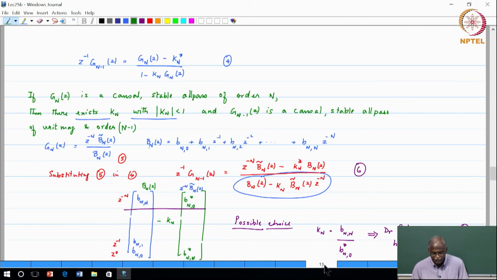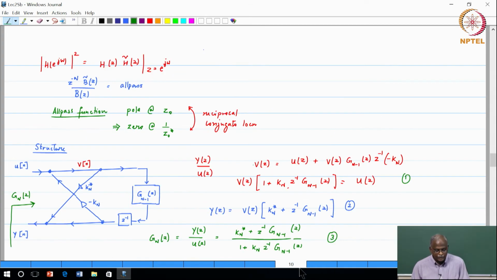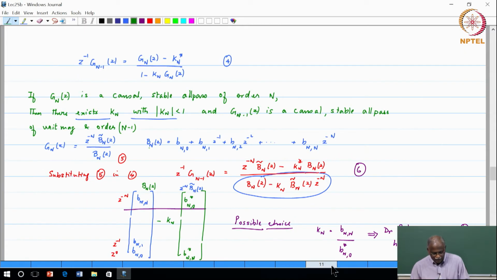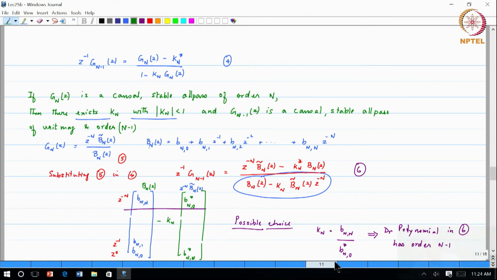So, let me go back to the previous structure. The structure is defined as follows. We have assumed that Gn of z is a causal stable all pass function. So, which means you can write it using the paraconjugation form. If you do that and choose your Kn appropriately, okay. So, we have not yet shown that mod Kn is less than 1.